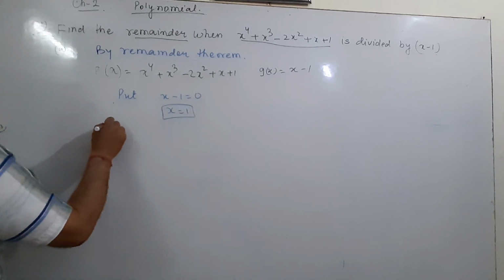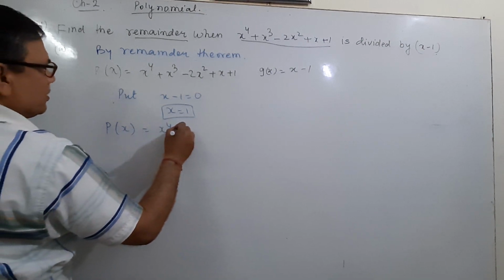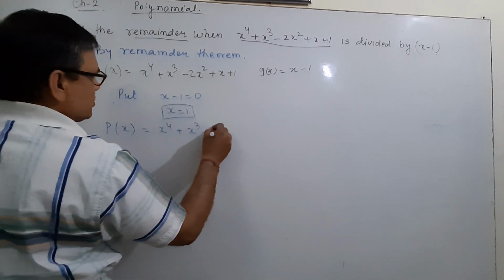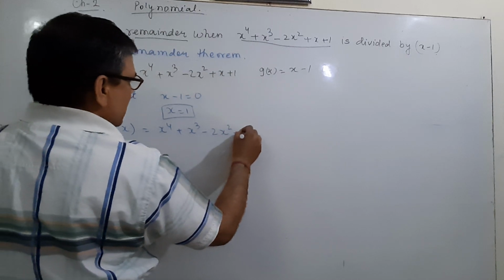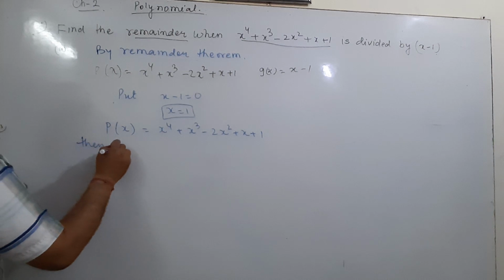It means p(x) is equal to x to the power 4 plus x cube minus 2x square plus x plus 1. Then what will be the remainder?